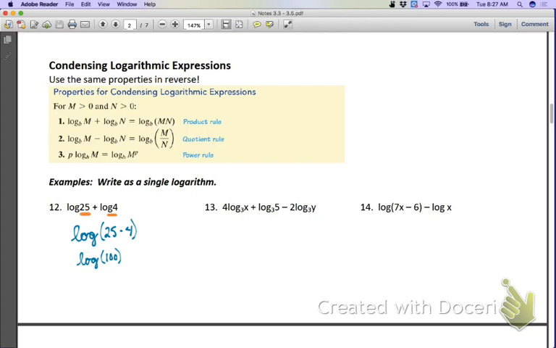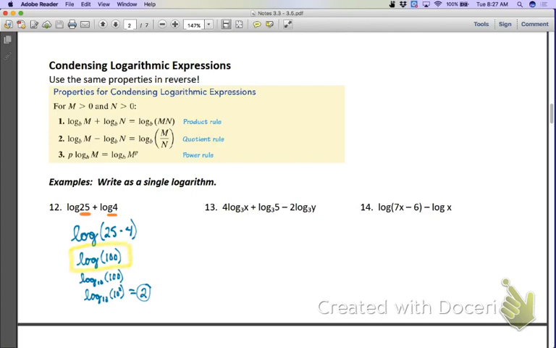For me, since you have no base, I really have log base 10 of 100. What did we already talk about that is log base 10 of 100? 10 squared, right? So I have log base 10 of 10 squared, which is really going to be what? Just 2.